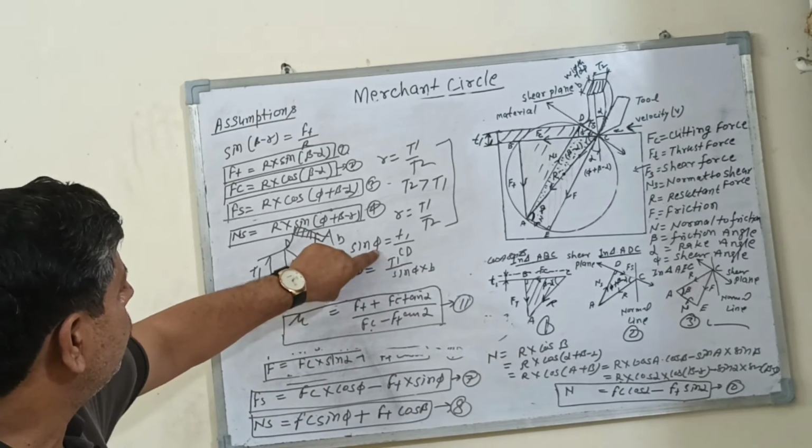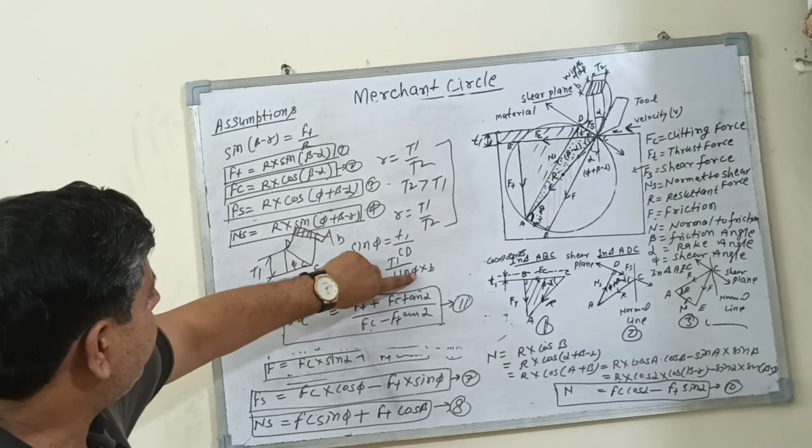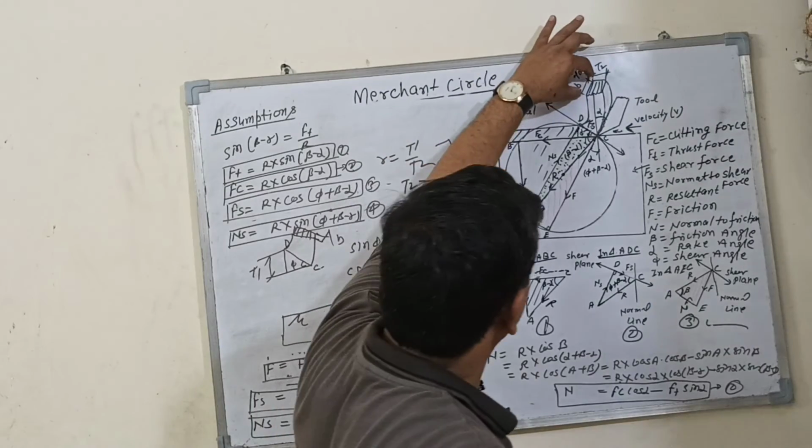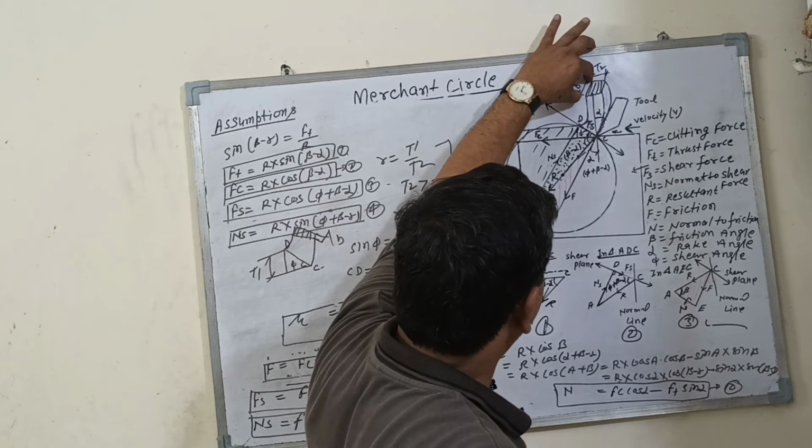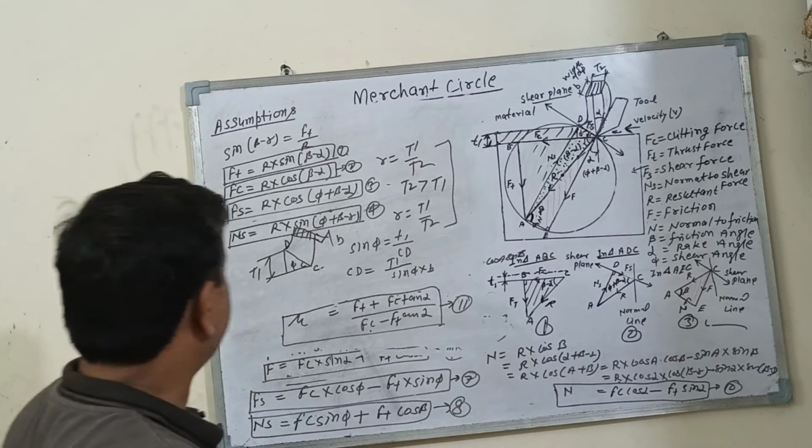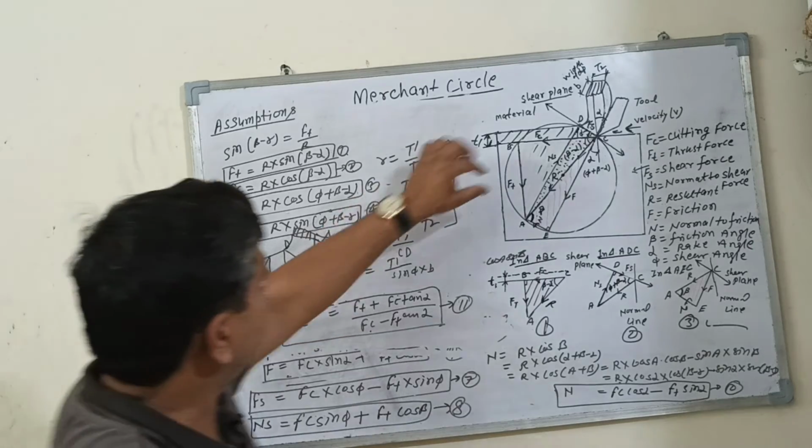CD is equal to T1 upon sine phi into B, where B is the width and CD into B is the shearing area. So you can calculate this shearing plane.